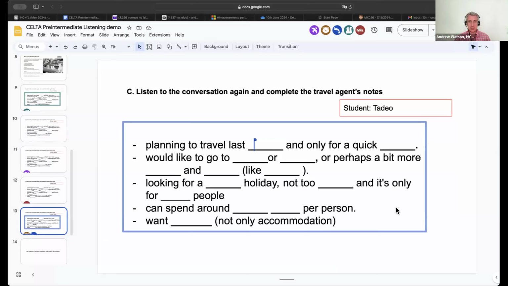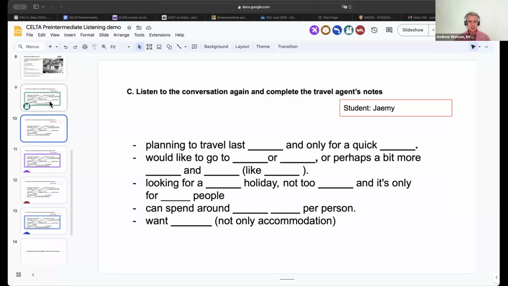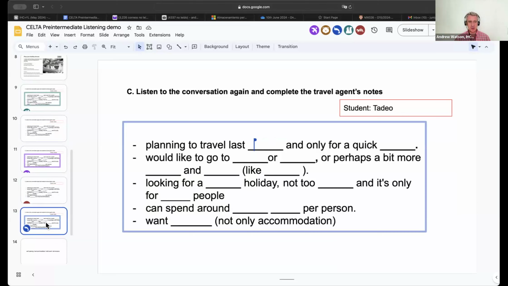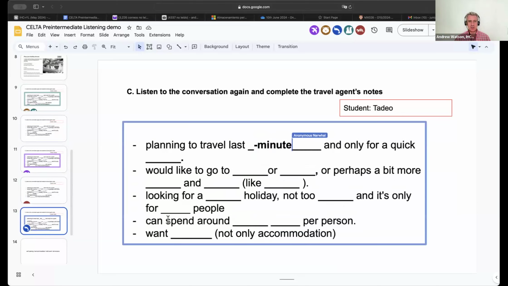And some of them are actually the words that we looked at at the beginning of the lesson. So try and use your powers of anticipation. Very good. Tadeo's anticipating. Good. Right, so let's listen and check.